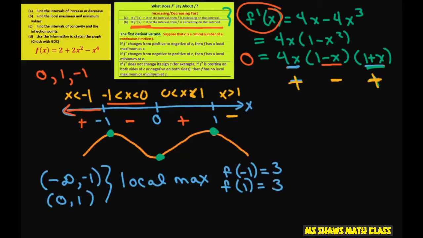Now for the local minimum, that's occurring at our 0 right there. It's going down on our interval from negative 1 to 0, but we have a local min there, and f of 0 equals 2.